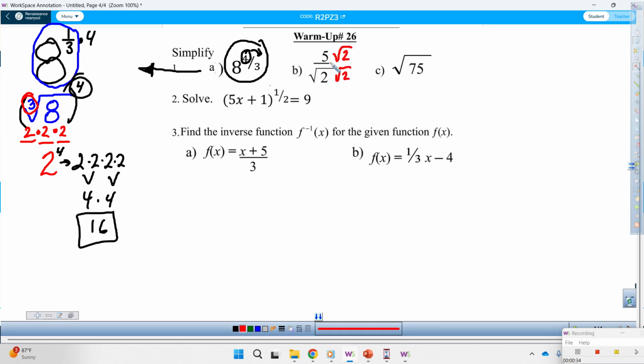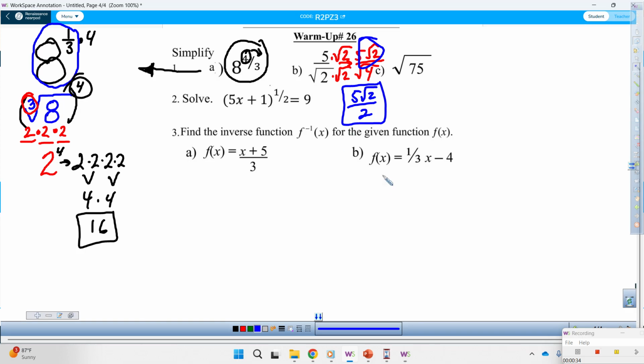So that leaves us with 5 square root of 2 over 2 times 2 is square root of 4. Therefore, the numerator stays the same. What is the numerator? 5 square root of 2. And what is square root of 4? 2.